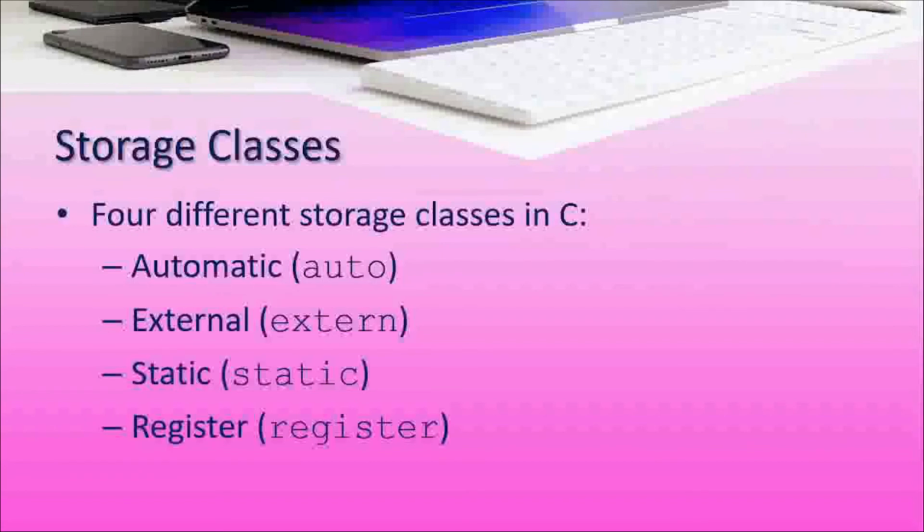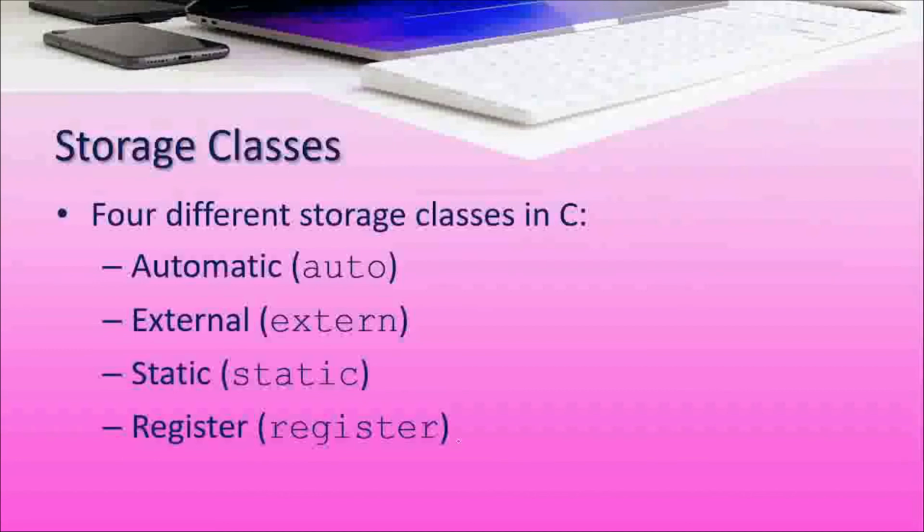For external, we use the keyword extern. For static, we use the keyword static. For the register storage class, you have to use the keyword register. So these are the four different storage classes available within C.